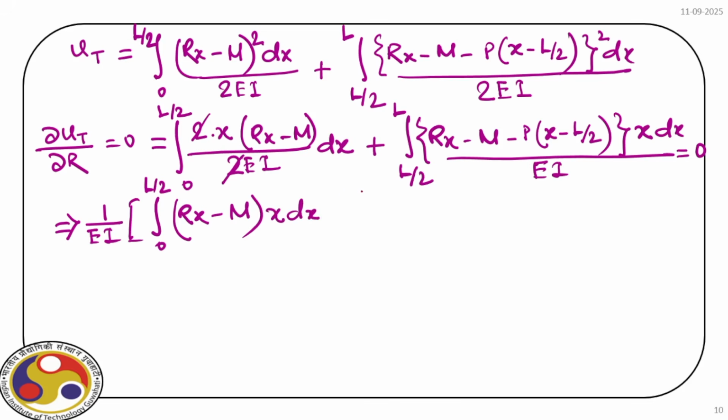Then from the second integral we have L by 2 to L, and then first part, Rx minus M times x dx.